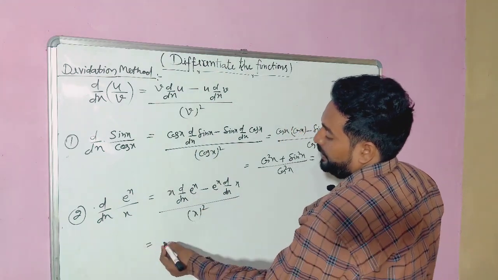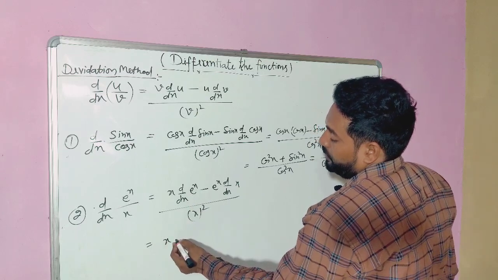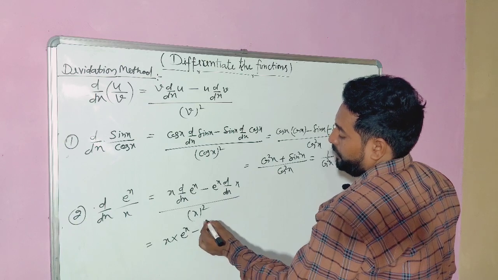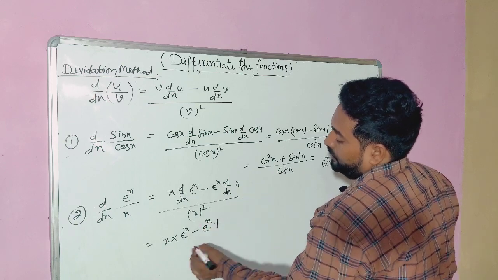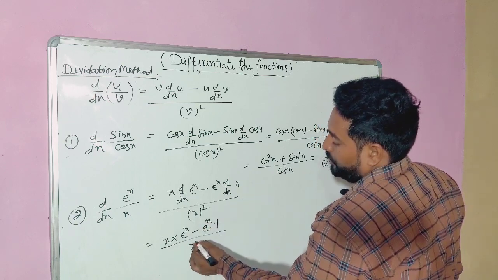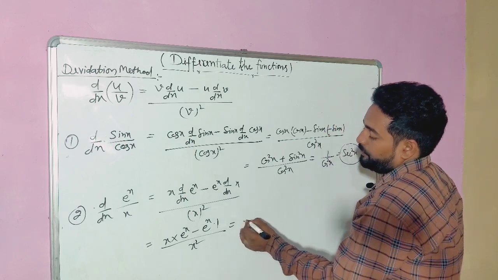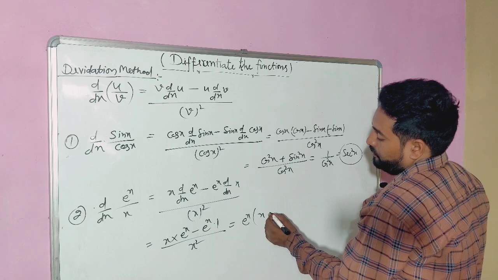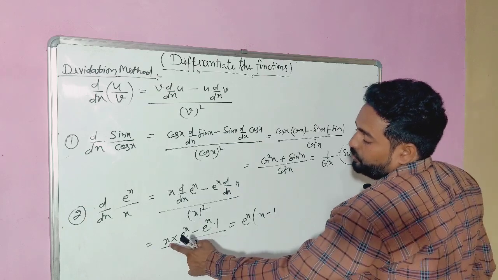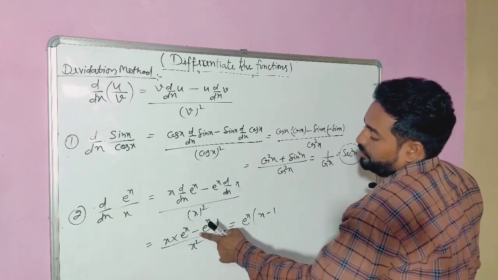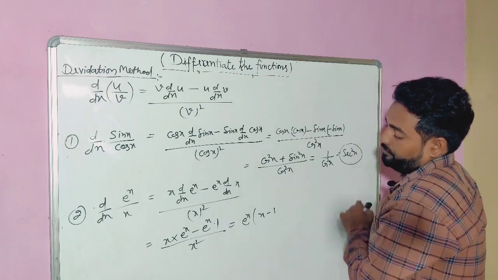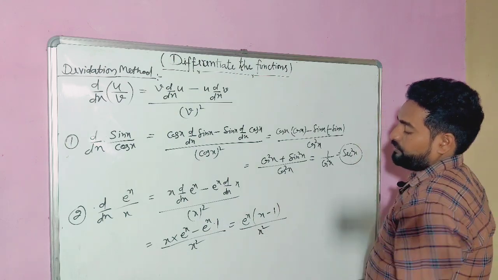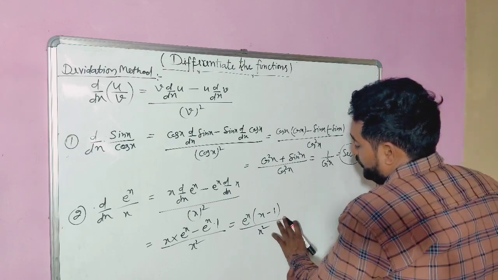So friends, x d upon dx e power x into e power x, minus e power x d upon dx x, which is equal to 1, upon x square. So we take e power x common. So x minus 1, with e power x common. Okay friends, this is the answer of this question.